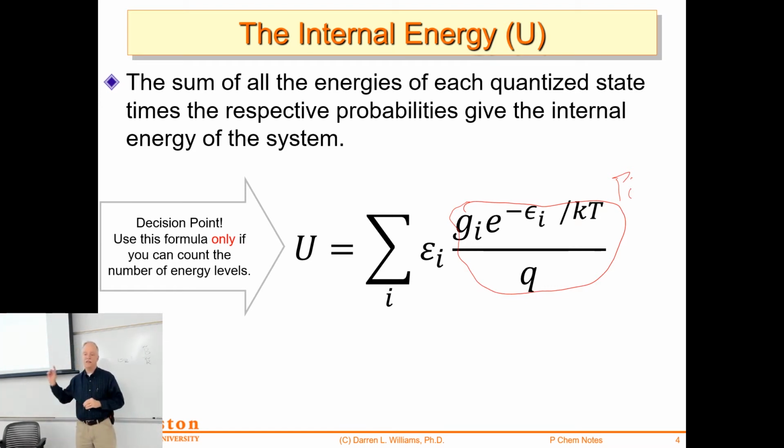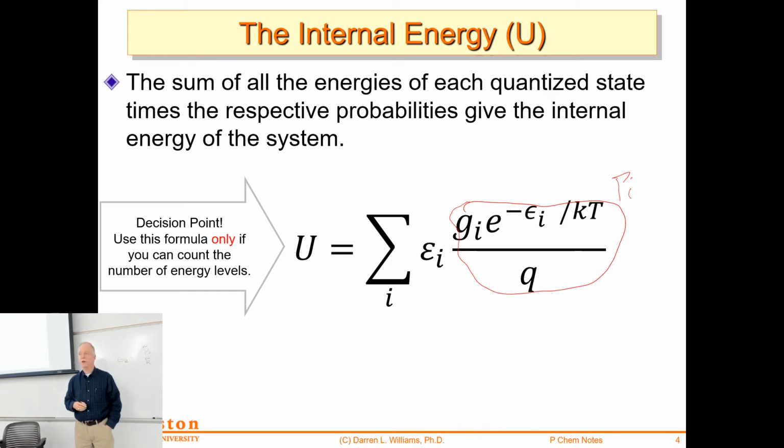In this case, notice that we have a summation, and we have a partition function, which is also a summation. And so you can really only use this energy equation if you have a countable number of levels. So if it's a 2-level system or a 3-level system, or for goodness sakes, a 5-level system, something that you really have a hard time doing by hand, but still it's a countable number, then you would use this equation.